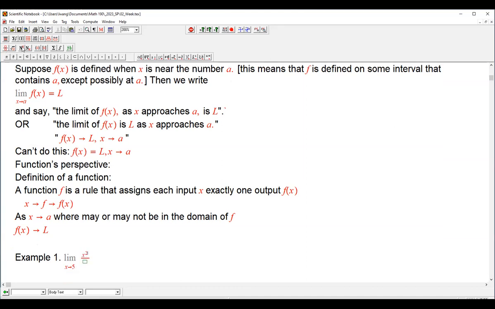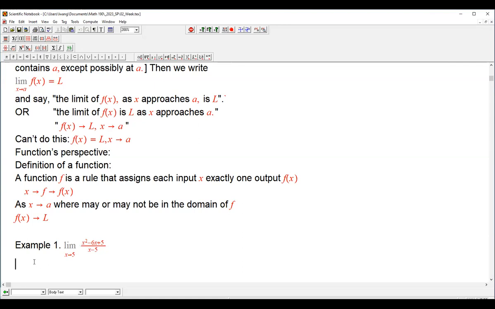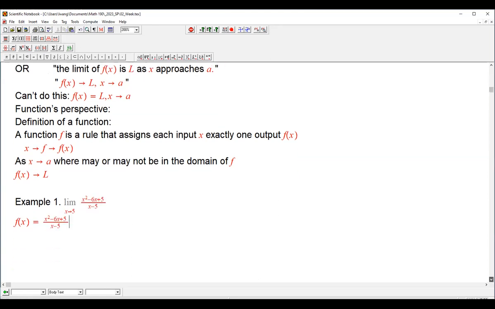We have X squared minus 6X, I believe, right? 6X plus 5. And the denominator is X minus 5. When we look at the function here, F of X equals this rational function. A rational function is one polynomial divided by another polynomial.